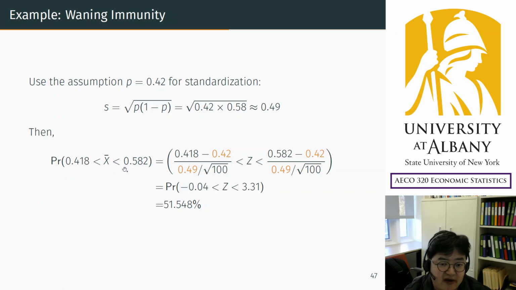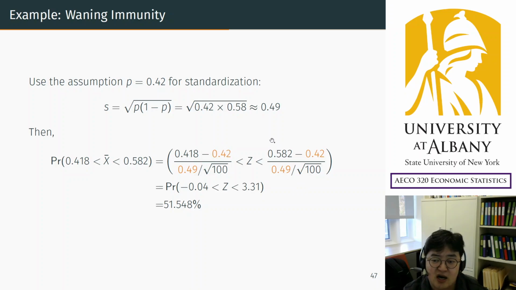So critical values, you don't reject. This is the probability of non-rejection. You do not reject the null hypothesis in this case. And let's standardize everything. Subtract the assumed truth. And also, when you divide by the standard error, it must be based on the assumption, right?